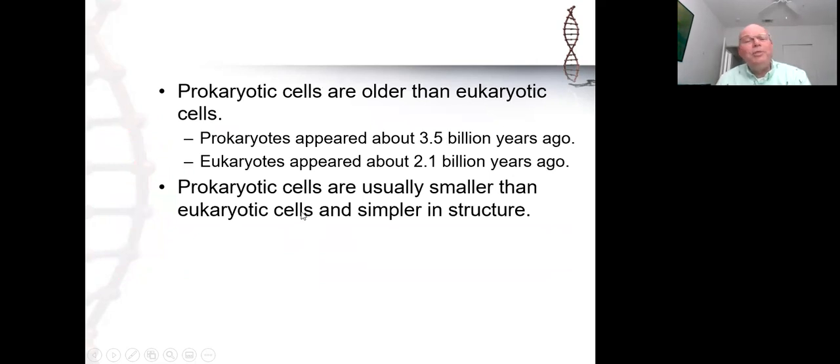So when we think in terms of the evolutionary history of cells, prokaryotes have been around since the origin of life. Our oldest fossils that have been confidently dated and absolutely dated are about 3.48 billion years old. And these are somewhat complex prokaryotic cells because they carry out photosynthesis.